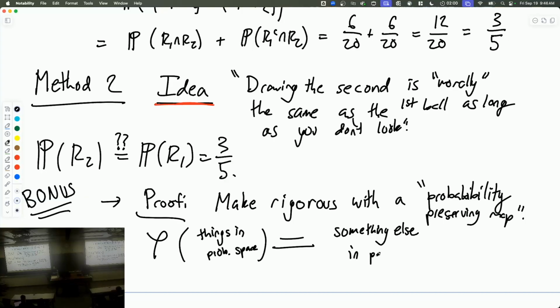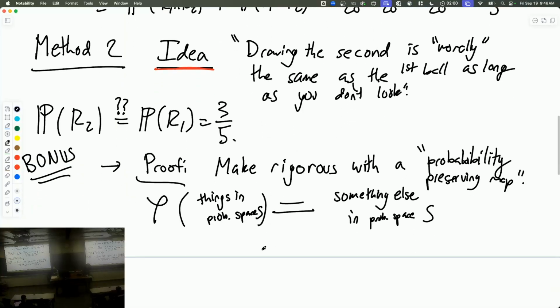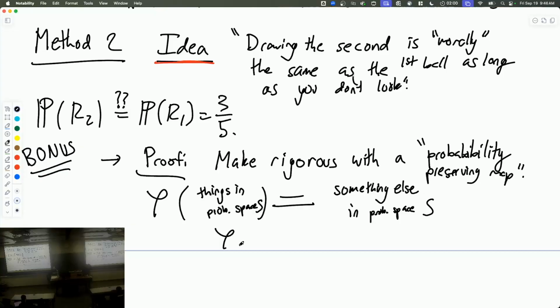In math class, if you've been taking calculus, you'll see this before as phi maps from S to S. This colon and arrow notation means exactly that phi is a function that inputs things in the sample space and outputs things in the sample space. What is this function phi going to do? Phi, this cool Greek letter, is going to swap ball 1 and ball 2.